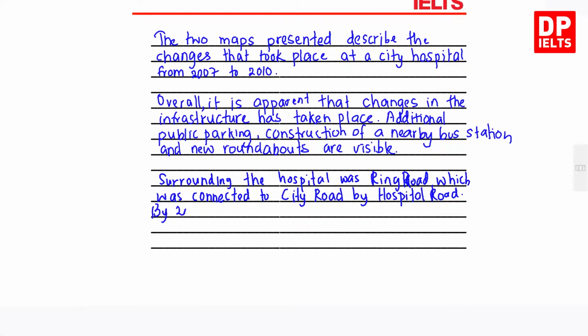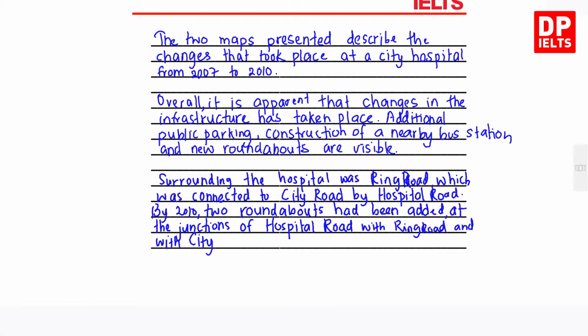By 2010, two roundabouts had been added at the junctions of Hospital Road with Ring Road and with City Road respectively.